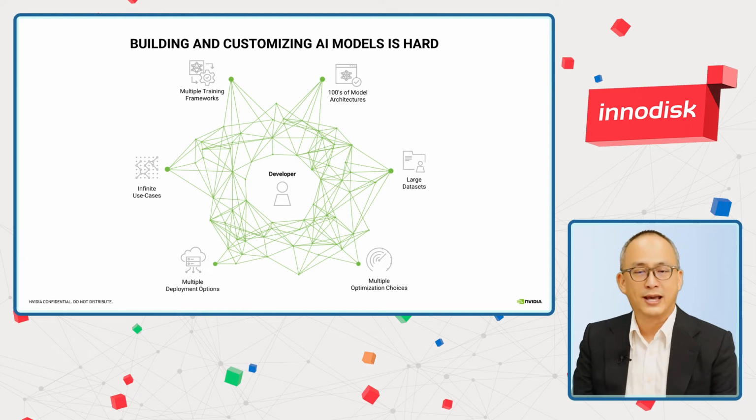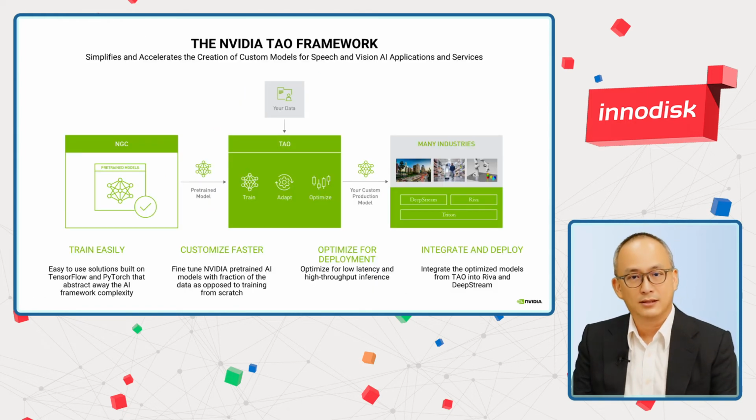So, to address all these problems, there is a software development toolkit that we believe will help companies and developers make their AI development process easier. It's called TAO, T-A-O. It stands for Train, Adapt, and Optimize. It starts from NGC, NVIDIA GPU Cloud.